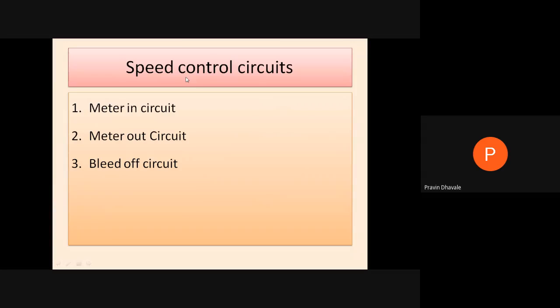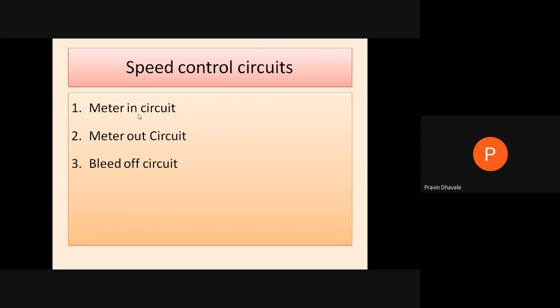Then we saw the speed control circuits, in which we studied the meter-in circuit, meter-out circuit, and bleed-off circuit. These three circuits are related to the speed of the piston within the cylinder.